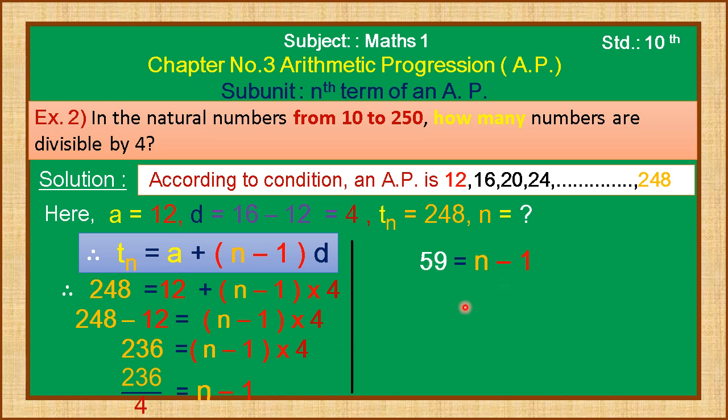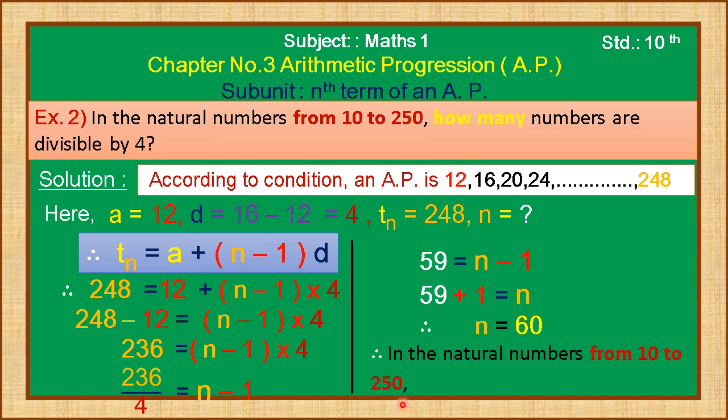Now take this minus 1 to the left hand side with the changed sign, plus 1. So 59 plus 1 is equal to n. Adding 59 plus 1, you get the value of n equal to 60. So your answer is: in the natural numbers from 10 to 250, 60 numbers are divisible by 4.